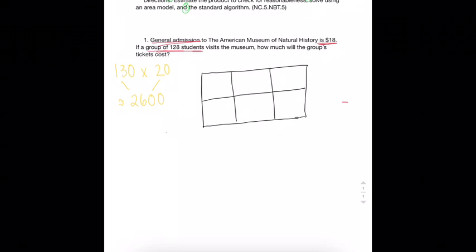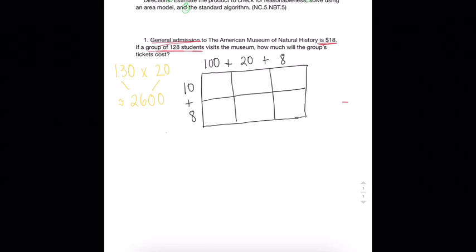When I decompose 128, it becomes 100 plus 20 plus 8. And when I decompose 18, it becomes 10 plus 8.